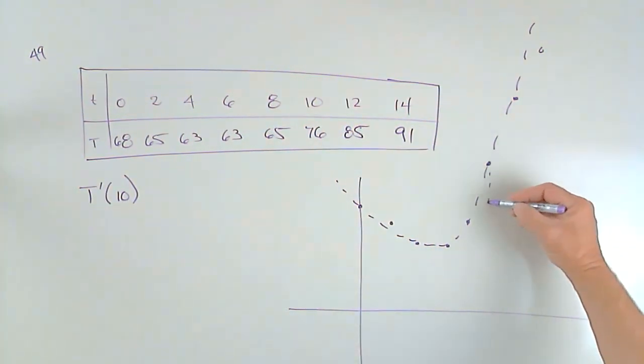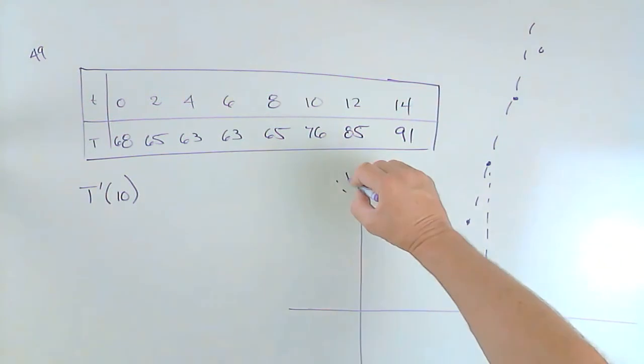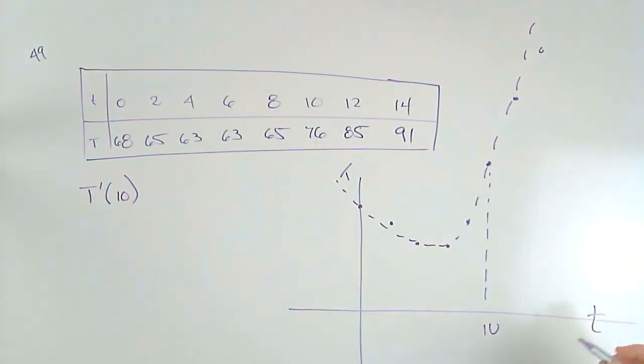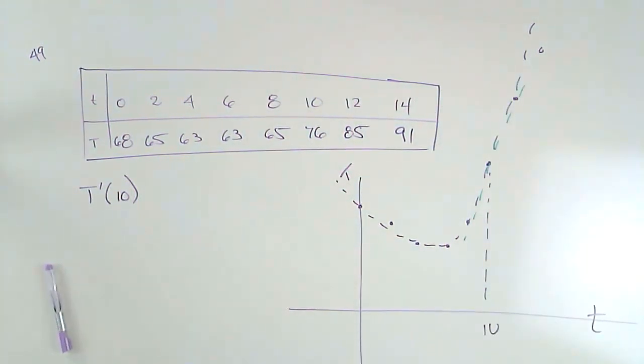This is 10 o'clock right here. They want to know, what does T prime of 10 mean, right? This is T over here. This is temperature, little t over here. T prime of 10 is going to be the slope of this line. It's the rate of change of our temperature. Now, we don't have a function. We can't find T prime of 10.